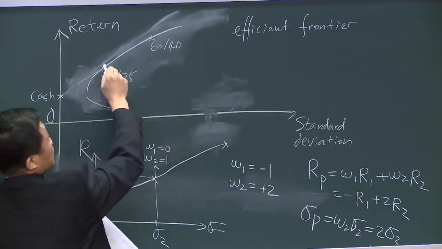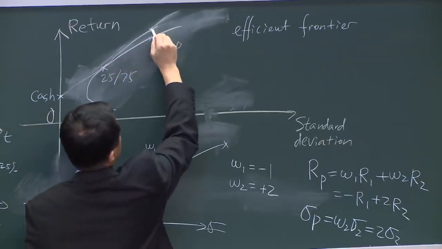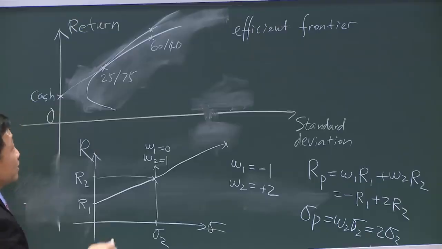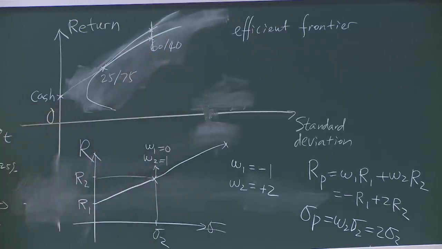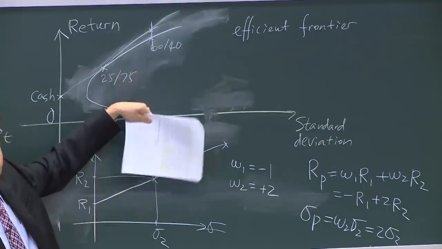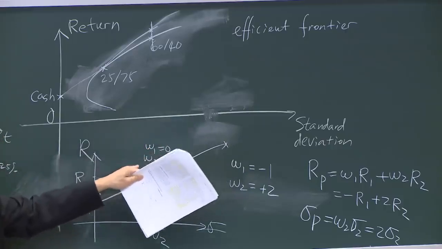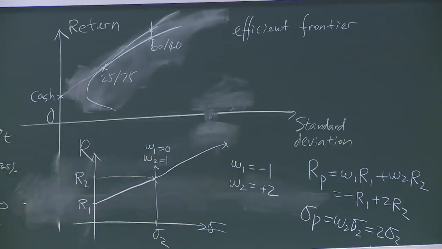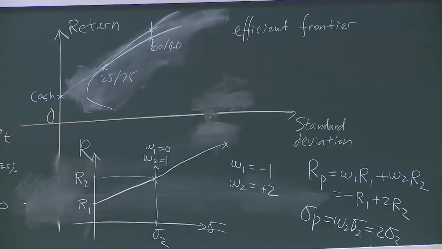So you have lower return, but if you leverage it up, you actually have higher expected return, given the same amount of standard deviation you achieved by leveraging up. Obviously, you leverage up, right? There's other implication of that. We haven't talked about the liquidity risk, but that's a different topic.